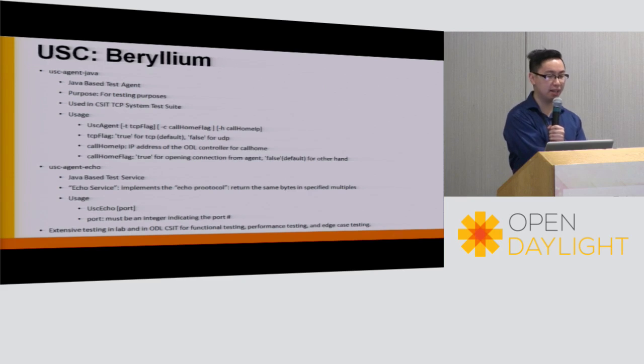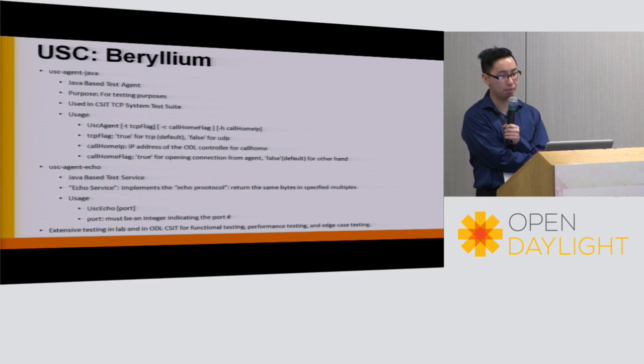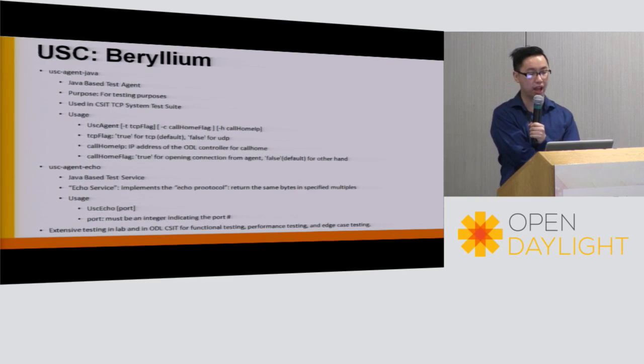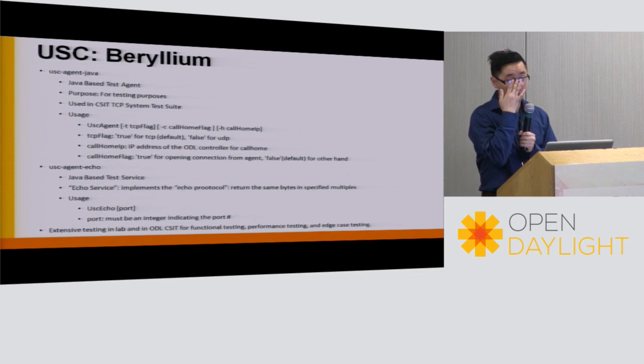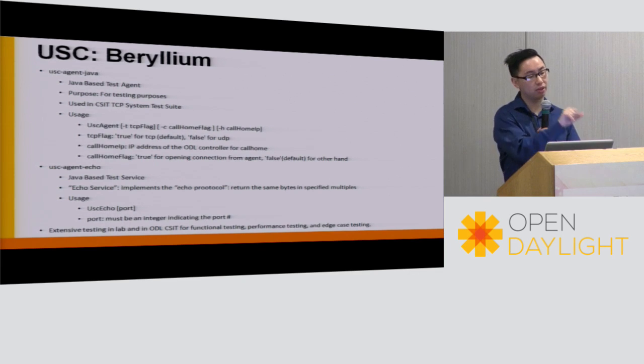We also provided another test service called USC Agent Echo. Going back to our deployment, you have the agent on the device, but the device may support multiple services like a Netconf service or SNMP service.